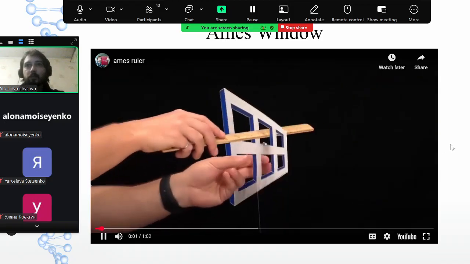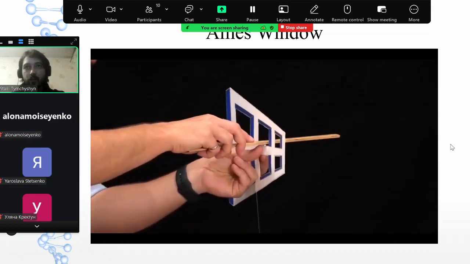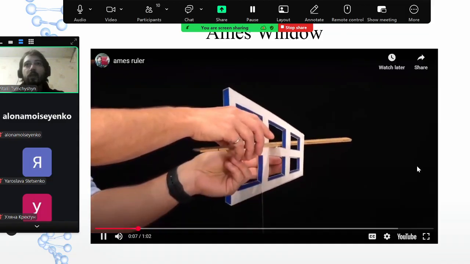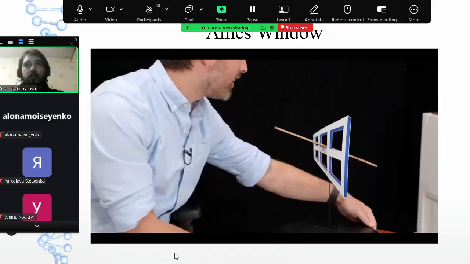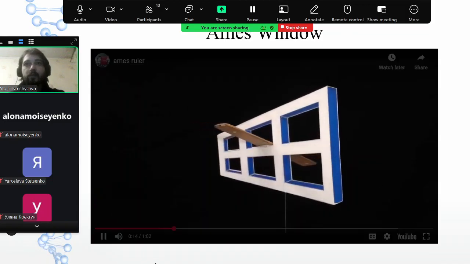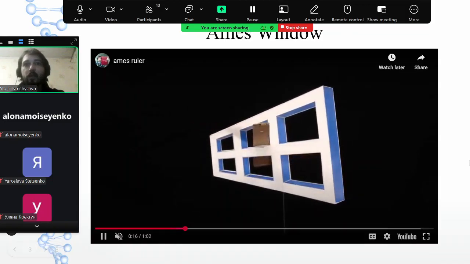And I'm going to put a ruler right through the middle of the window, so we can't possibly be fooled by the illusion, right? Okay, here we go. So here turning starts. Okay, the ruler is rotating around.